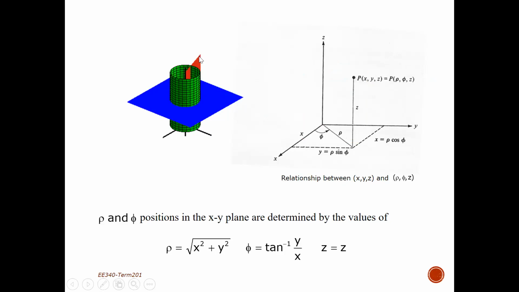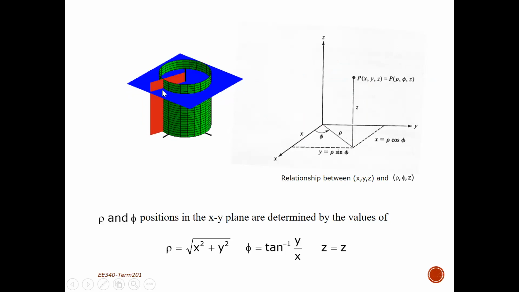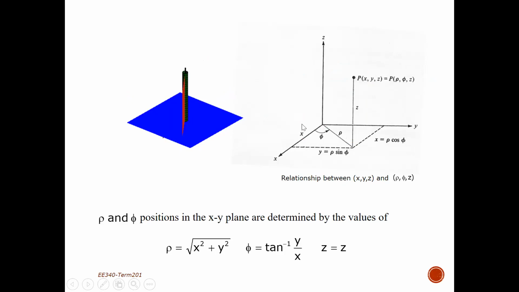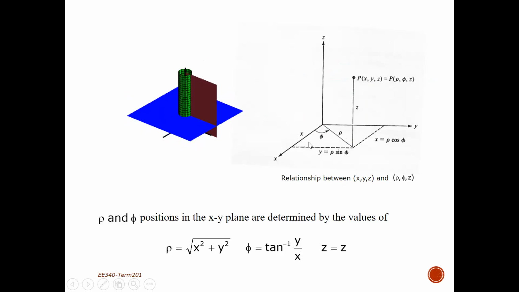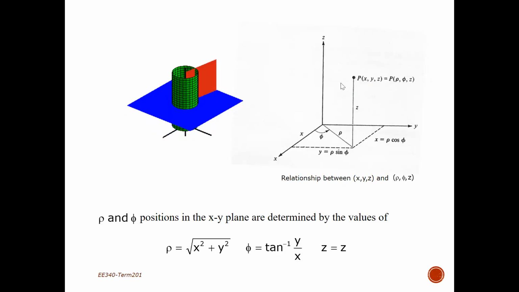Phi is telling you the angle of this rotating plane, and this rotating plane angle is always measured from the x-axis. In this case, the position of the rotating plane is this one.